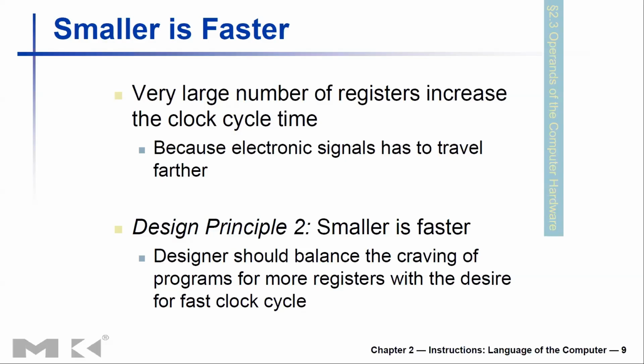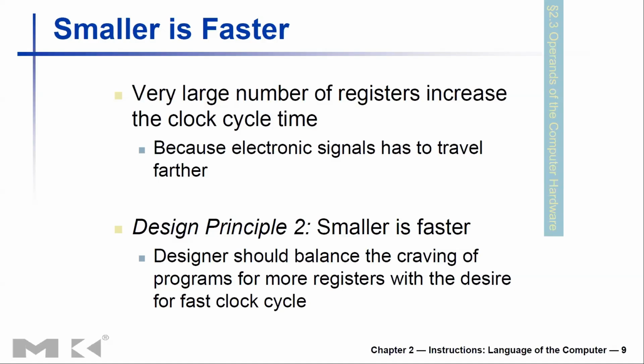So initially you might feel like it's better to have as many registers as possible at the hardware level itself, something like 30. But if you have a very large number of registers, it can increase the clock cycle time. This is because the hardware circuit is going to be large when you have a lot of hardware components, here, a lot of registers.